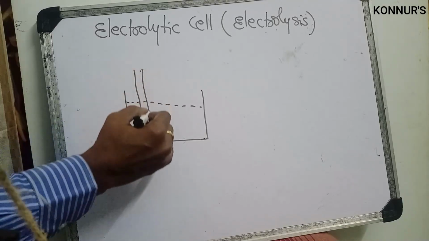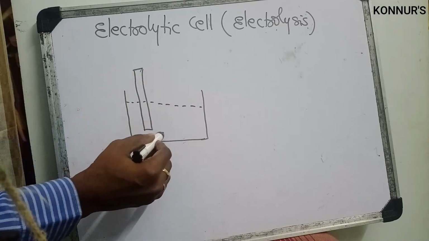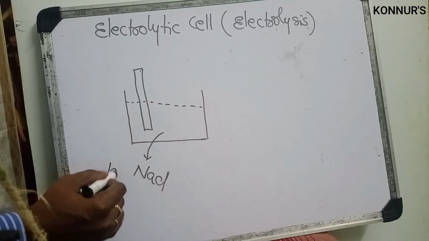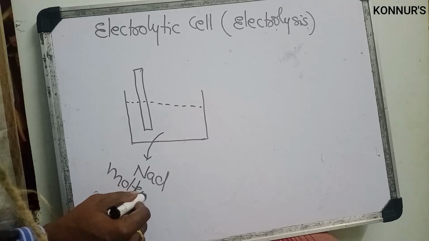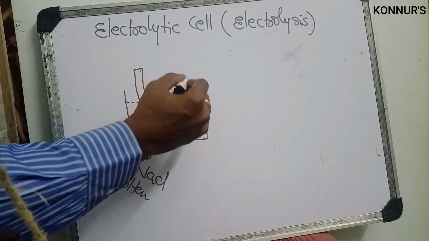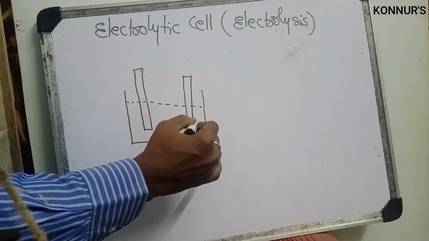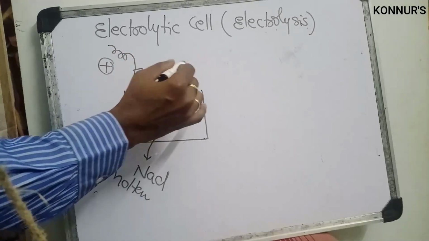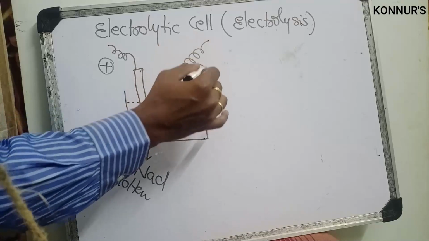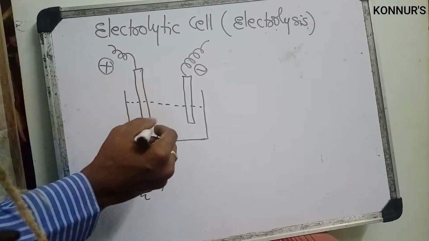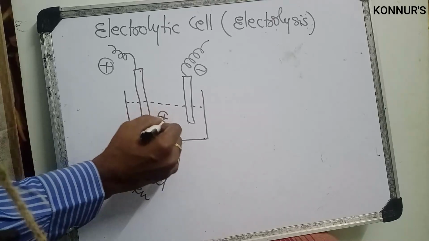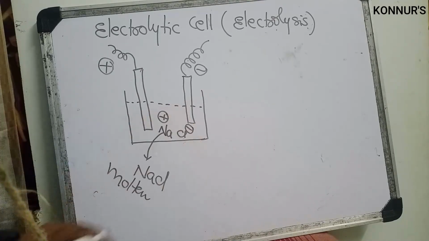See, we take one beaker, and in this we take molten NaCl. Next, it is immersed with two electrodes. One is connected with positive charge, another one is connected with negative charge. Here the Na plus ion is there, and the Cl minus ion is there.